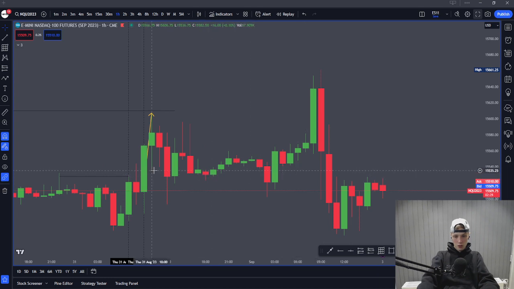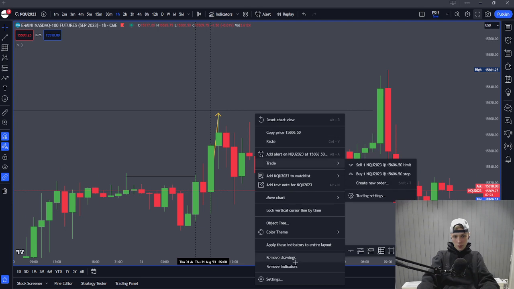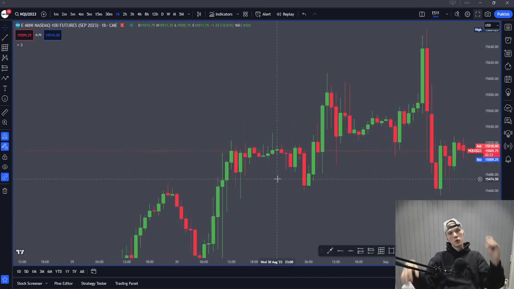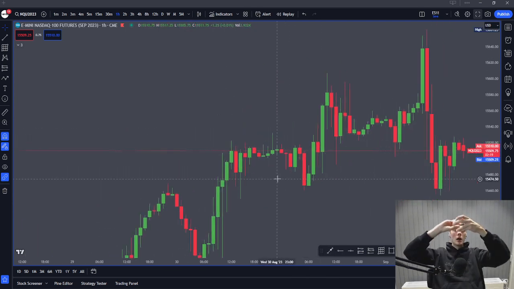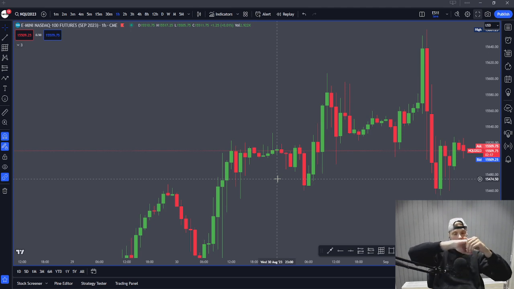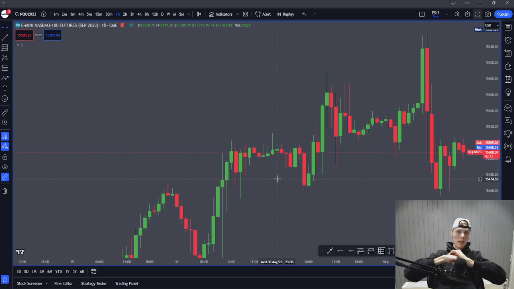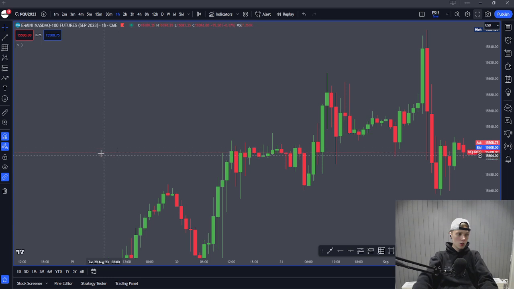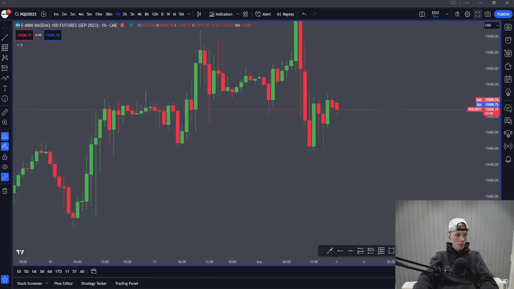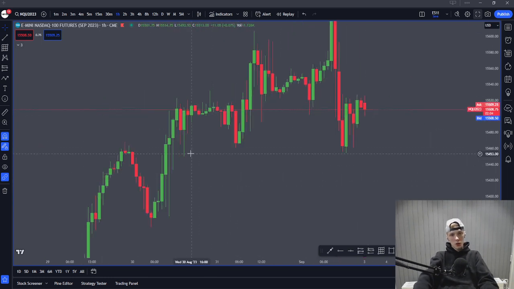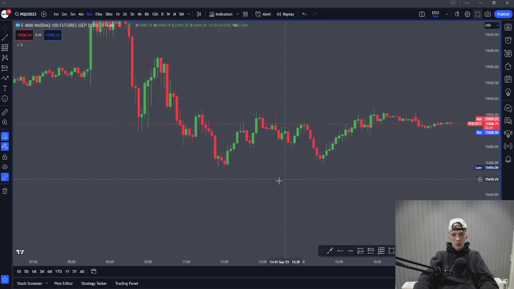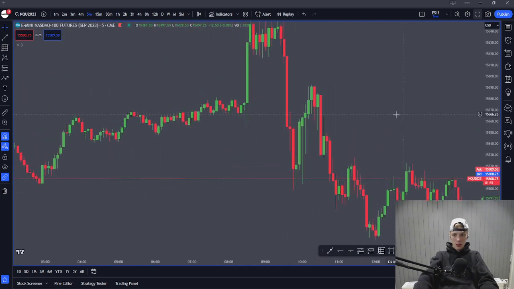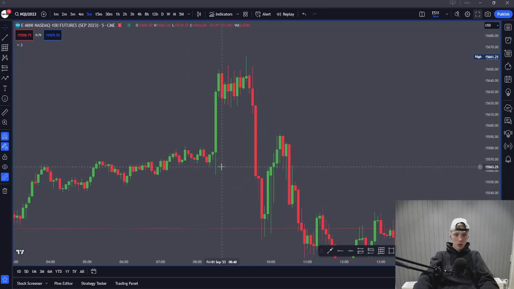But the next day it did actually take out that high. But that's what the Judas swing is. It goes for a fair value gap, a liquidity pool, equal highs, equal lows, something. The Judas swing goes for something. You could trade the Judas swing itself, but I usually trade the retracement of the Judas swing. I feel like I'm not explaining this in detail enough, but it's that simple. That's all it does.